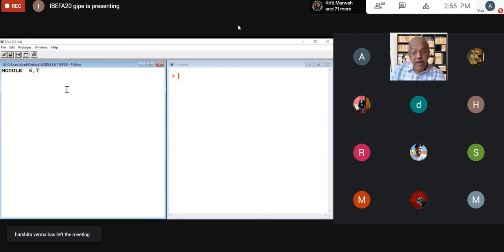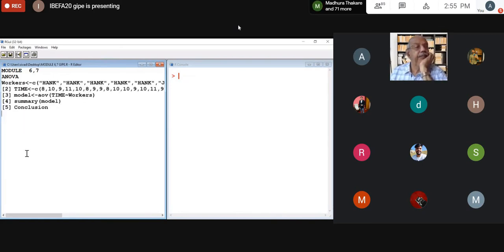So first we are doing ANOVA. Only one syntax.